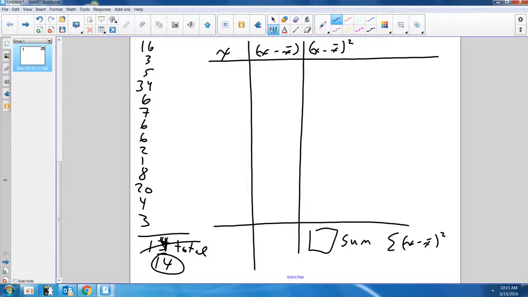Sum of x minus x bar quantity squared. That's what this represents. But then I have to take that number and divide it by n minus 1. So then it's going to be s squared equals this. And then I want to calculate the square root of that to get my standard deviation.